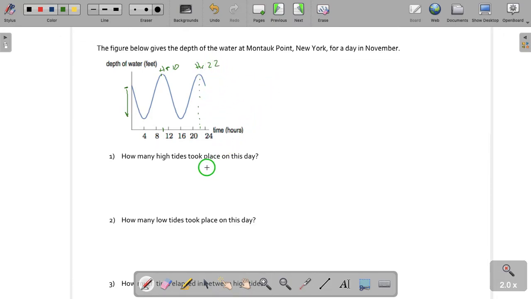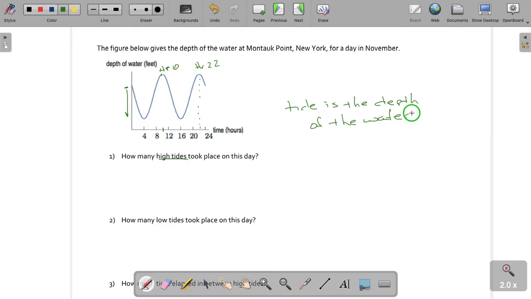Okay, when we talk about high tide, okay, a tide is the depth of the water.